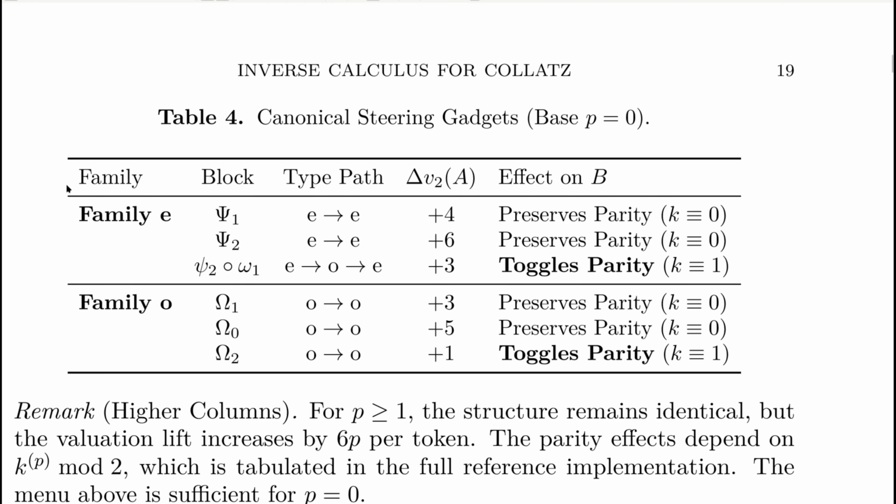So here's family, block type, path, the effect on the valuation of A, the change in valuation, so delta valuation of A, and the effect on B, which is the second part of the affine formula.